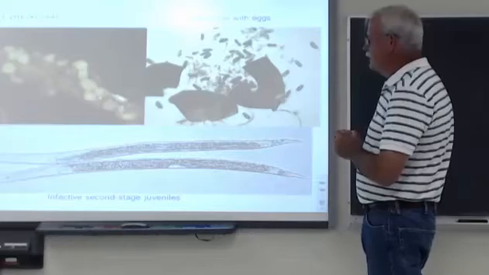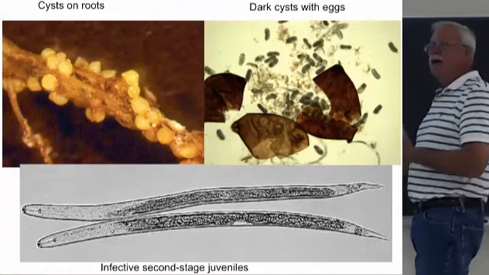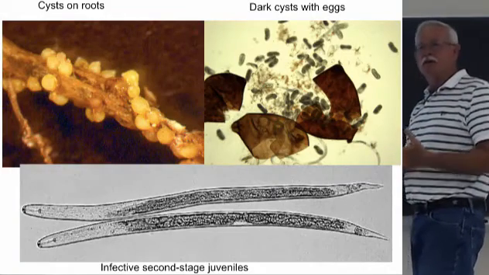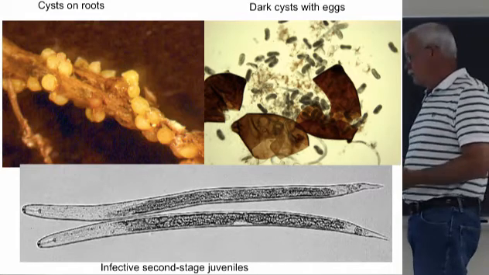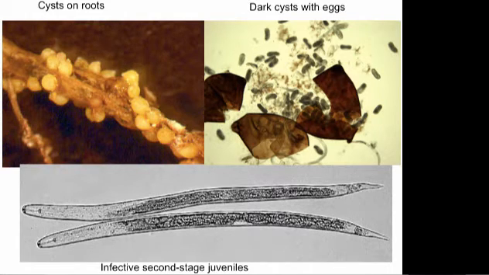It's called the cyst nematode because at maturity, the adult female forms this protective sac called a cyst. The infective stage is the second stage juvenile. It is the only infective stage for this nematode. But at maturity, it produces this globular female.